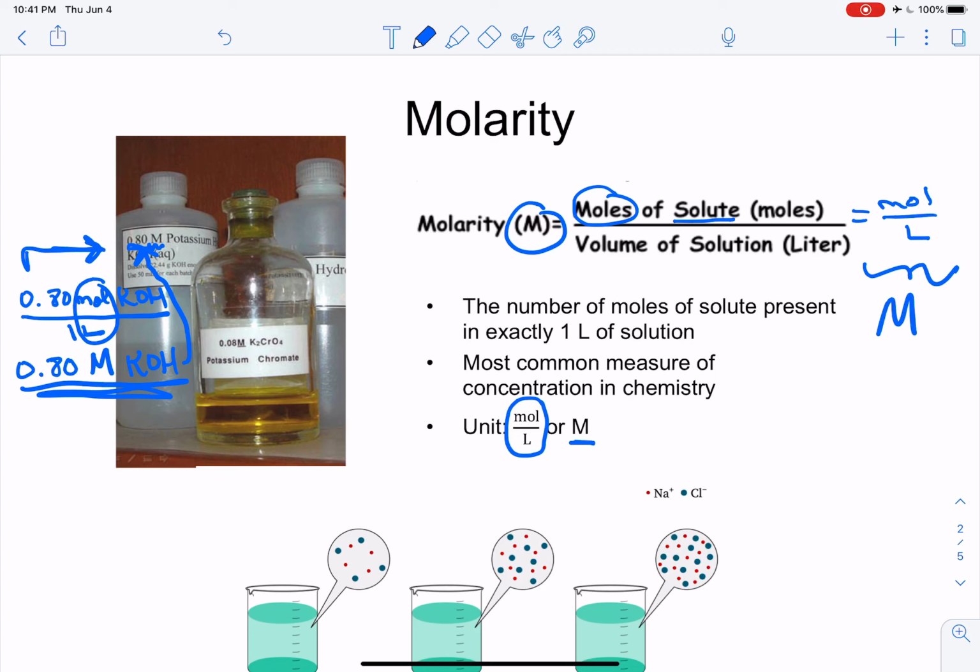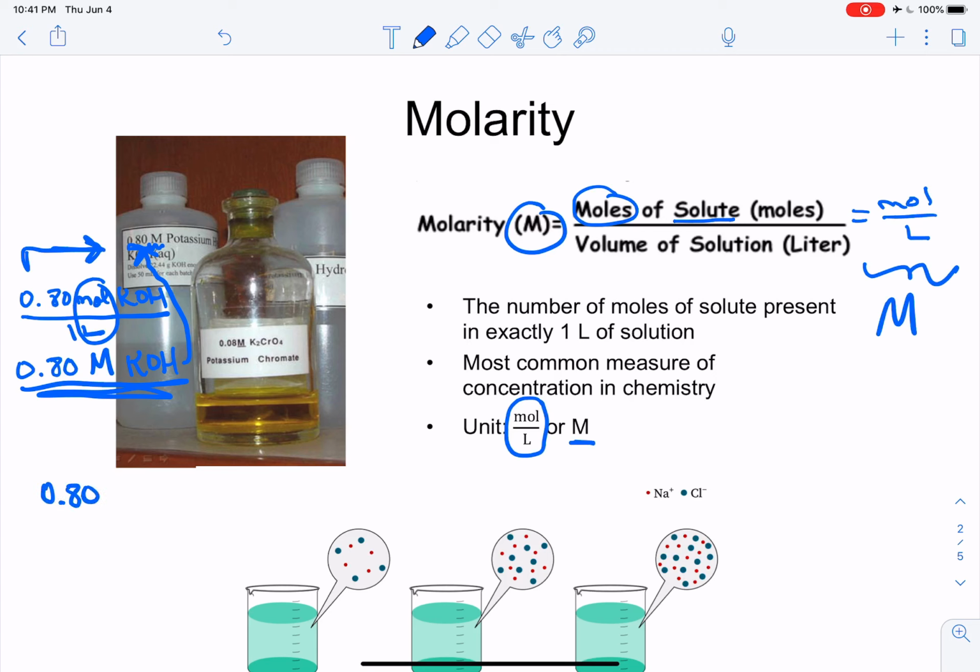I don't know where the ITY went, but that's how we say it in chemistry. 0.80 molar potassium hydroxide solution. Again, we don't say 0.80 molarity potassium hydroxide solution. I don't know where that came from, but we're humans and we tend to be lazy and shorten things, so that's how we say it.